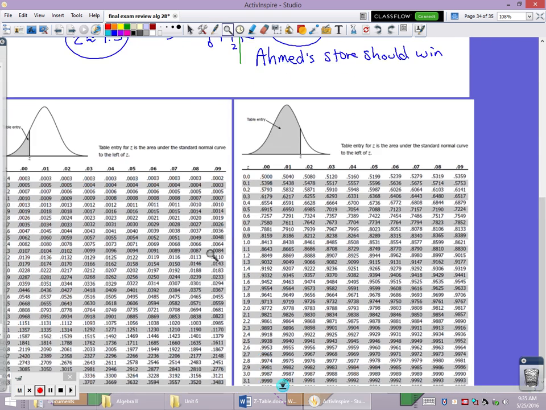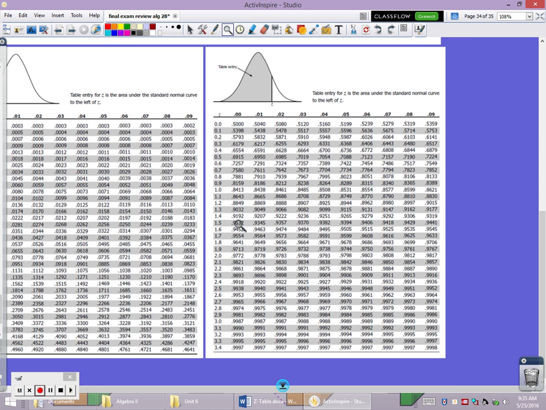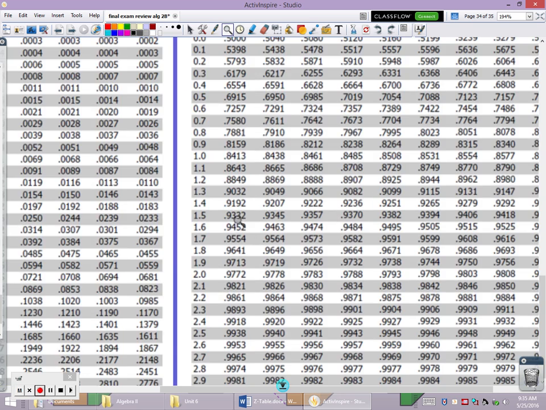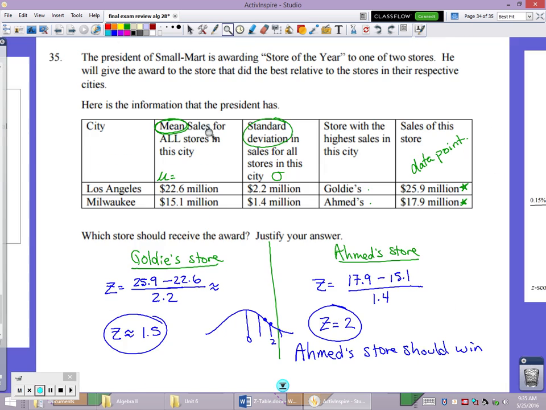These are positive, these are negative z-scores, so a z-score of 1.5 has 0.9332, or 93.32% of the stores are below. So, yes. Goldie's store did better than 93.32% of the stores.